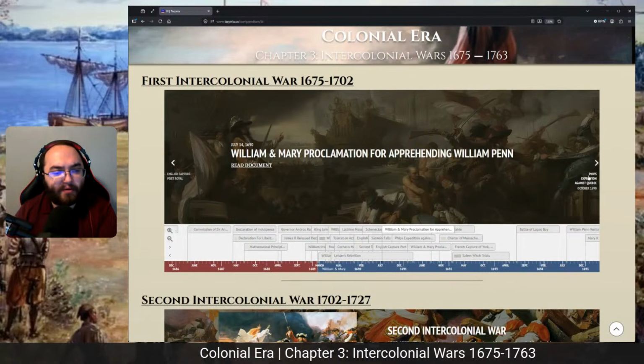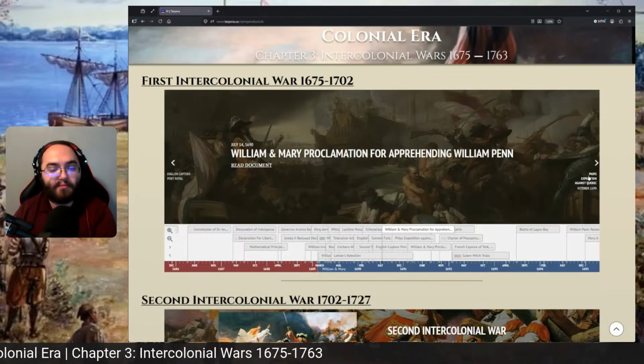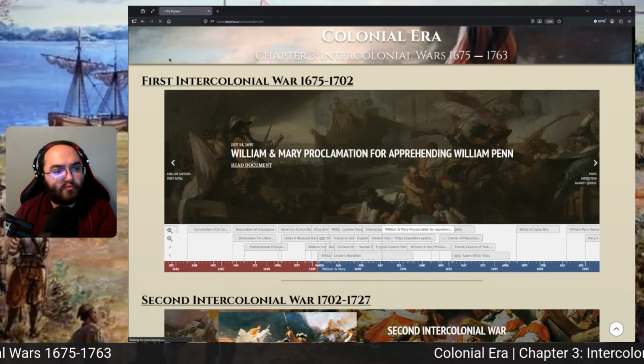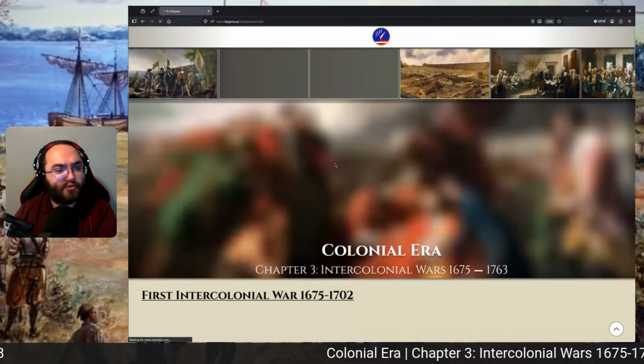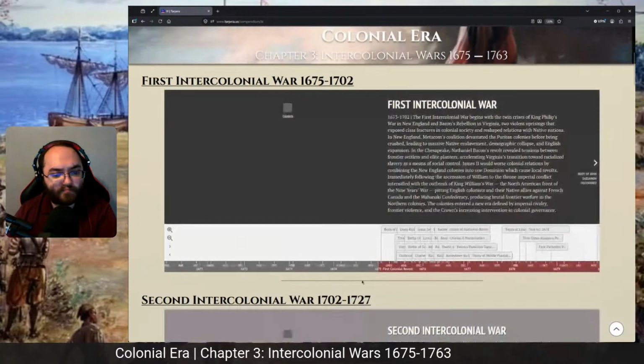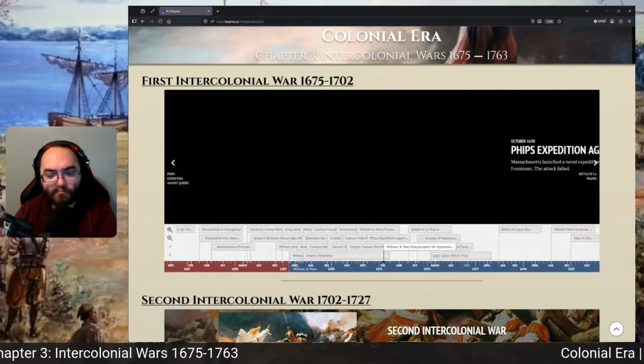Then we have William and Mary's proclamation for apprehending William Penn. Let me actually refresh this real quick, because I'm pretty sure I added a description. Yeah, there we go.